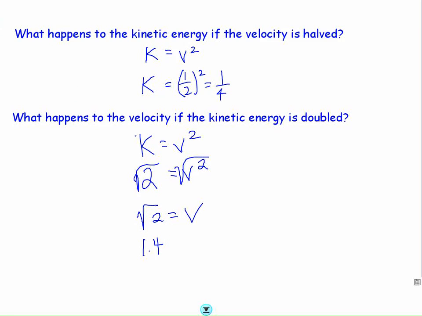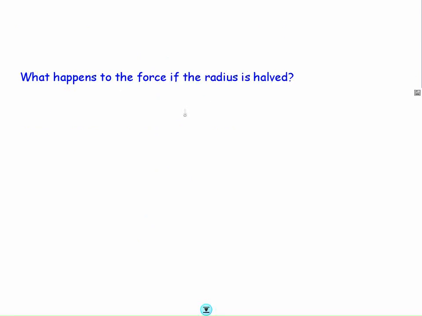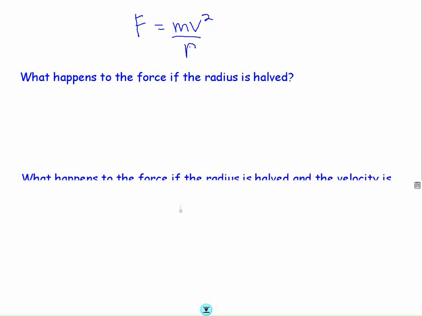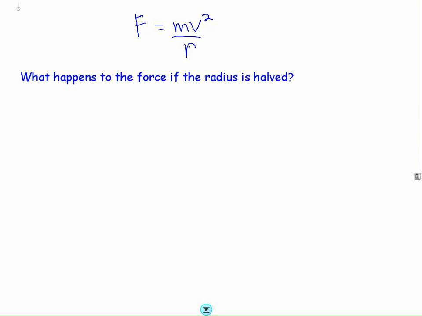All right. One final example here for you. One different equation. Here's another equation that we're going to see later on in this class. F, force, equals m, mass, times v, velocity squared, divided by r, radius. This is for something moving in a circle. So what happens to the force if the radius is halved? Well, what are we going to cross off? We're going to cross off mass. It isn't mentioned. We're going to cross off velocity and the fact that it's being squared because velocity isn't mentioned and that square is attached to the v.